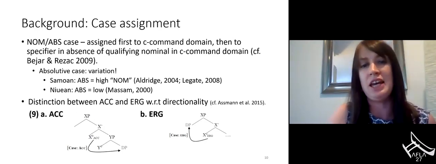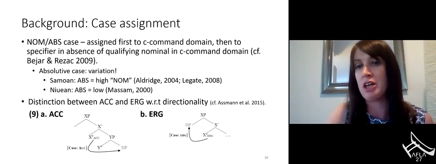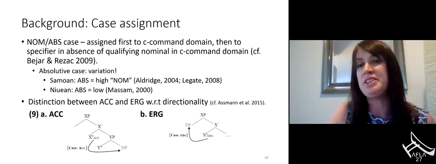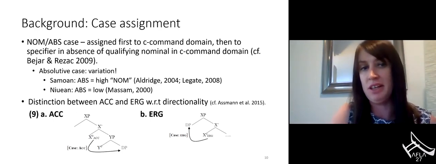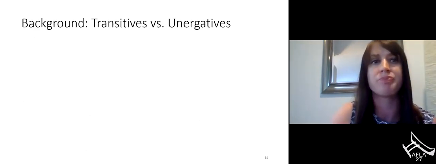But accusative case is assigned via c-command to the closest case needy DP in the c-command domain of the head. And ergative case is what we call spec-head. It's assigned via the head to the argument in its specifier. And this is in the spirit of, it's not quite adopting wholesale, but it's in the spirit of Assmann et al. 2015, who argues in a similar vein that the difference between ergative and accusative is one of timing. We're positing that it's one of directionality.